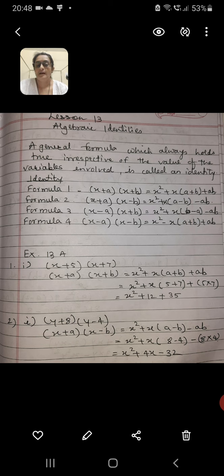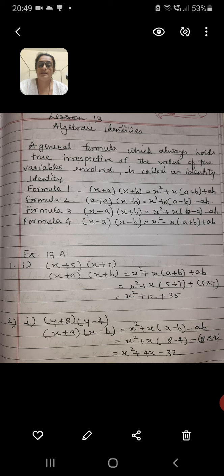Here x we take as x, 5 as a and 7 as b. Using that, x square plus x, 5 plus 7 plus 5 into 7. When you solve it, you will get x square plus 12x plus 35.